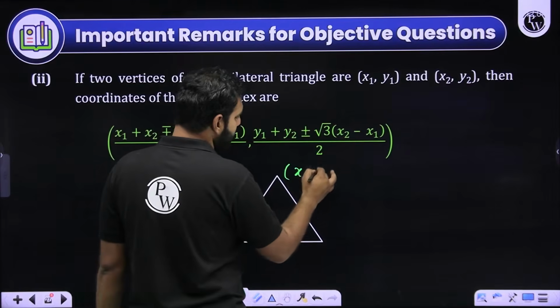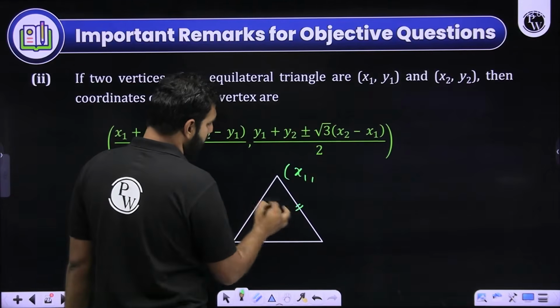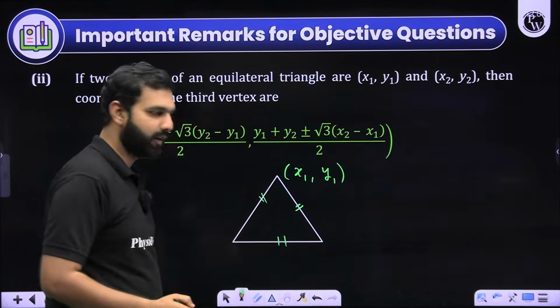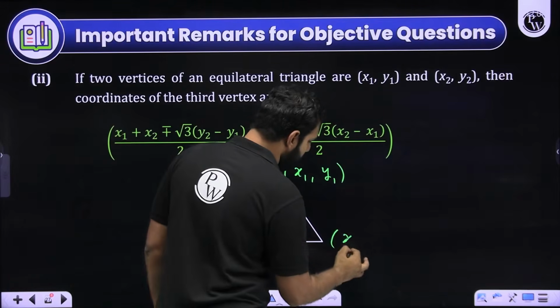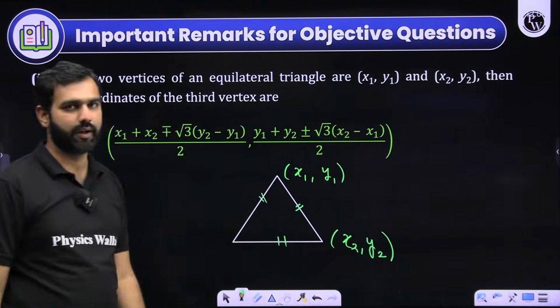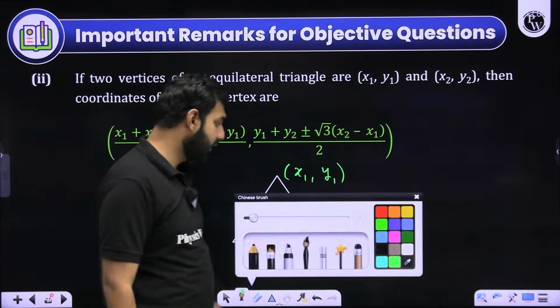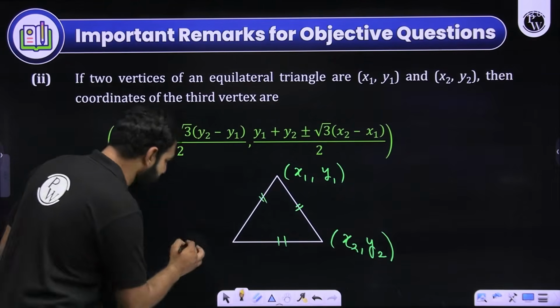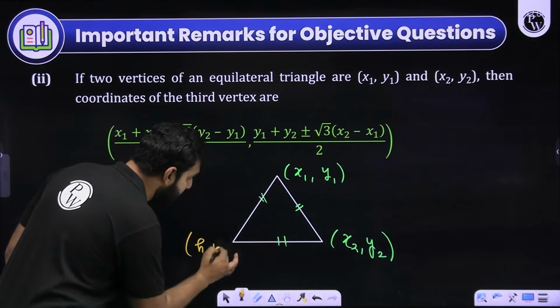So what I'm saying is that let's say there is an equilateral triangle whose two vertices, let's say x1 comma y1 and x2 comma y2, are given. Now I need to find out the third vertex. How do we do that? Do you remember, as we have already discussed, circumcenter is also something like that, which uses the same distance formula concept. So let's say here there is this third vertex.